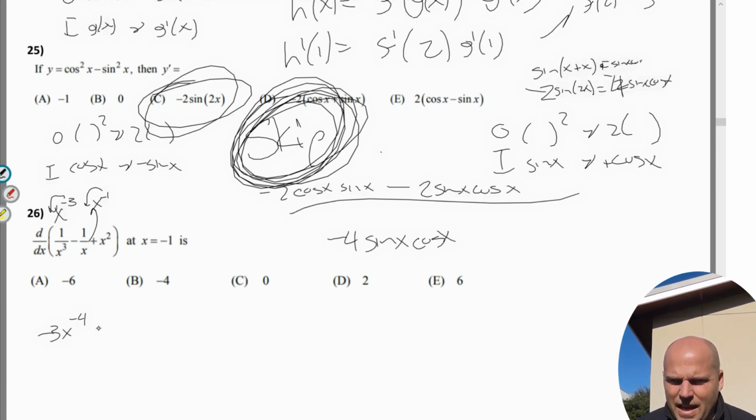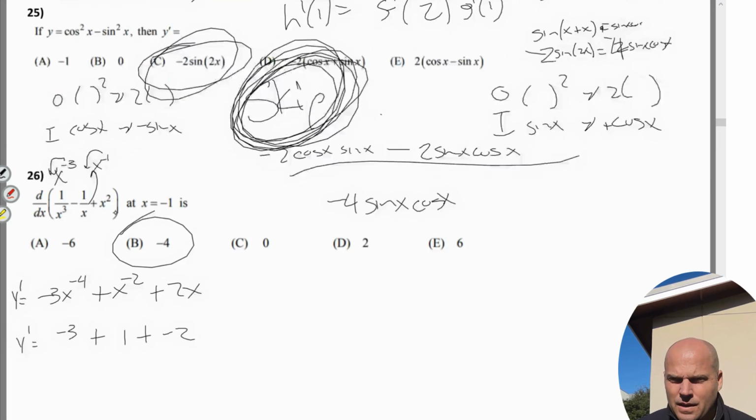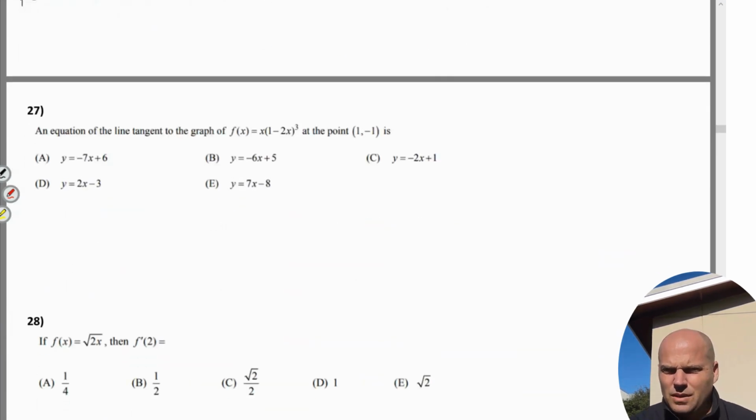So that minus the negative becomes plus a positive x to the negative second. And then x squared is 2x. So this is y prime. And if I'm plugging in negative 1, I have negative 3 plus 1 plus negative 2. So negative 5 plus 1 is negative 4.